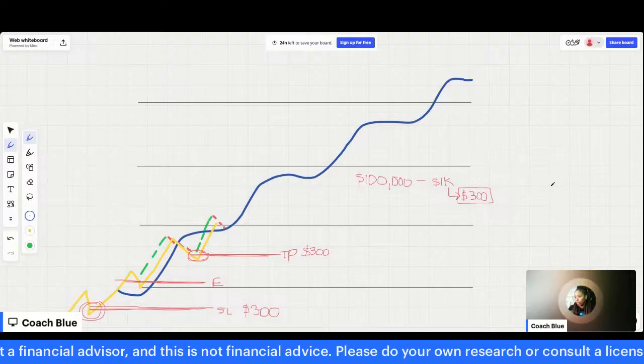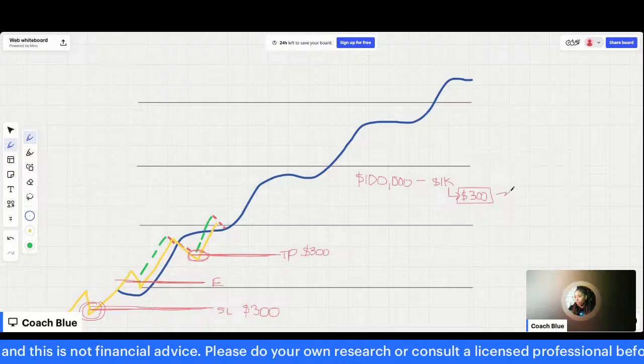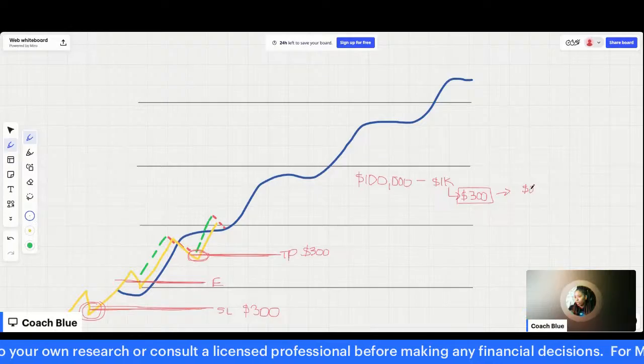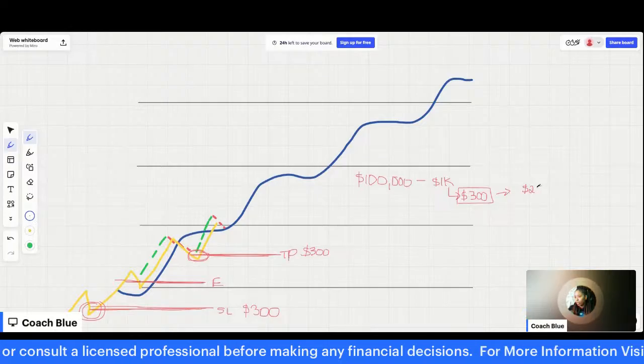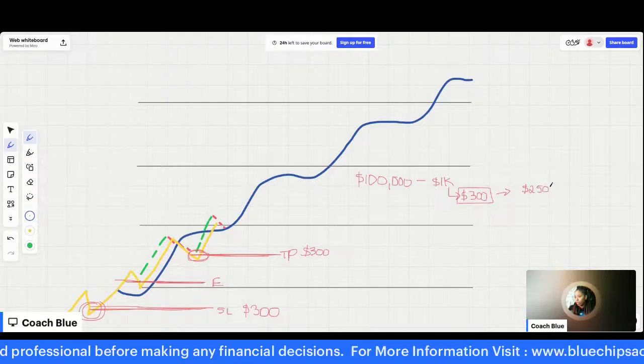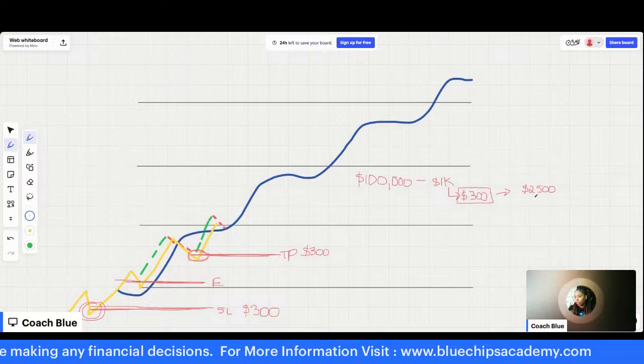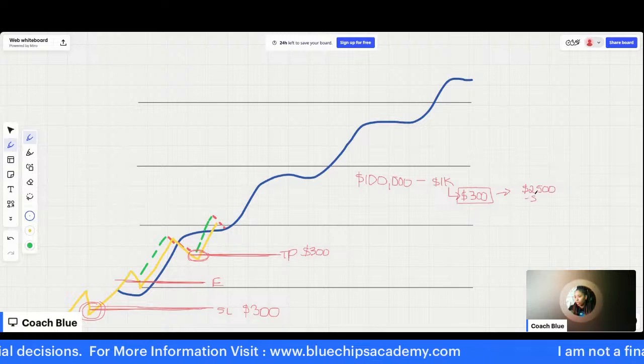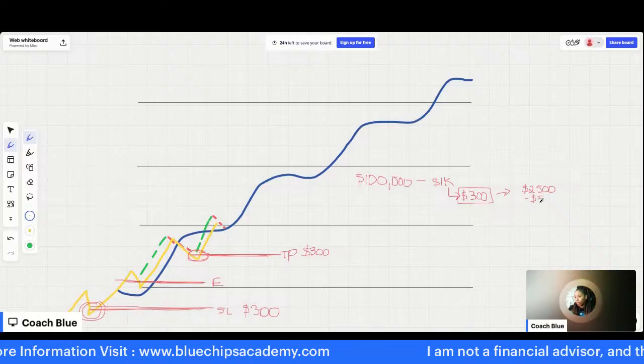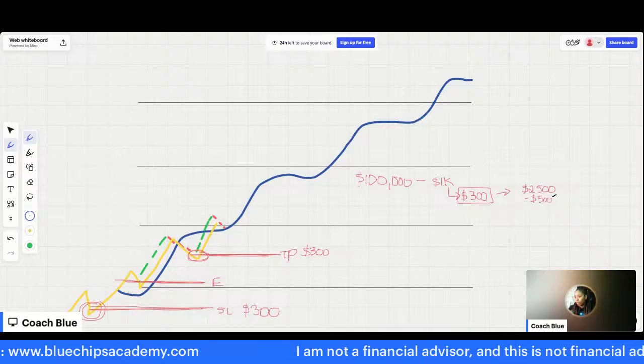You can make anywhere from $2,500 to $5,000 in that week, depending on how much you trade and how well you execute those trades. So $2,500 to $5,000 in a week. I'm sorry, off of a $100,000 account.